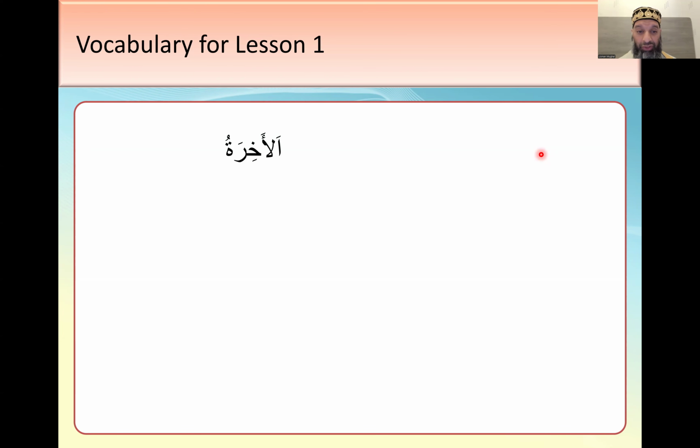So this is something you should have done. You should have learnt, because we need to learn words as well. What does al-akhirah mean? Excellent. Okay. Hereafter, 112 times in the Quran. Next one.